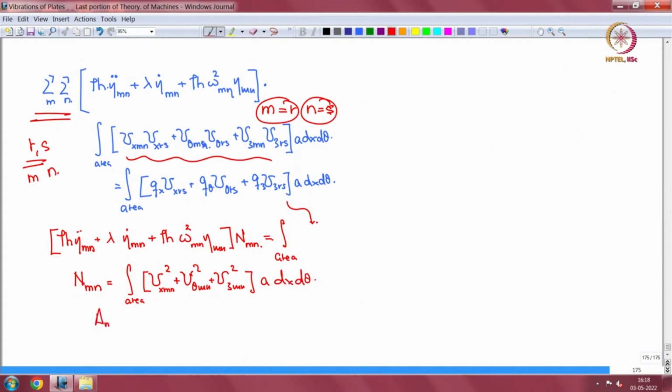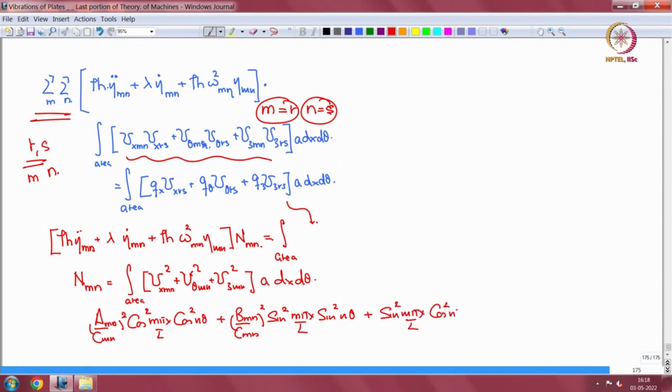How does it look like? It can look like a mn by c mn squared cos squared m pi x by l cos squared n theta plus b mn by c mn squared sin squared m pi x by l sin squared n theta plus sin squared m pi x by l cos squared n theta.